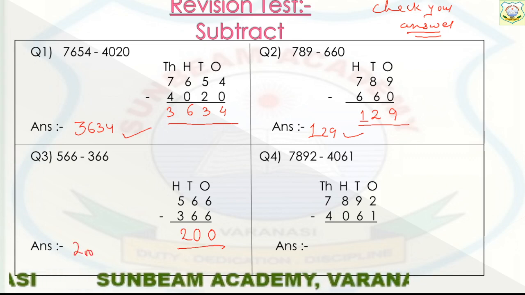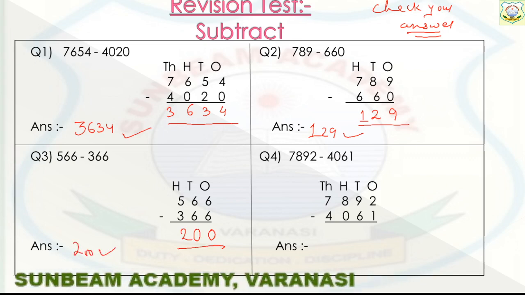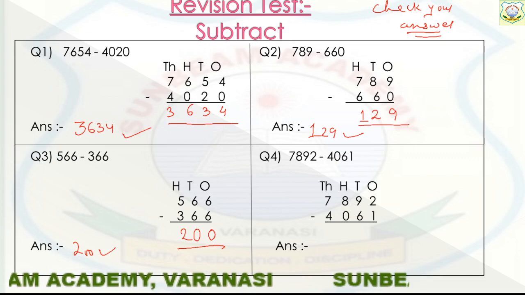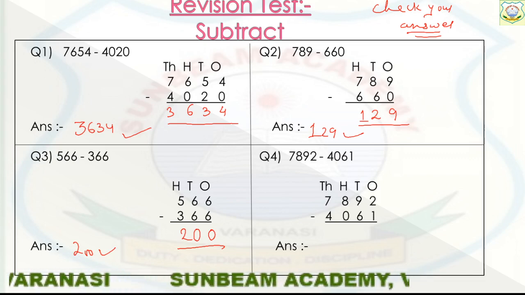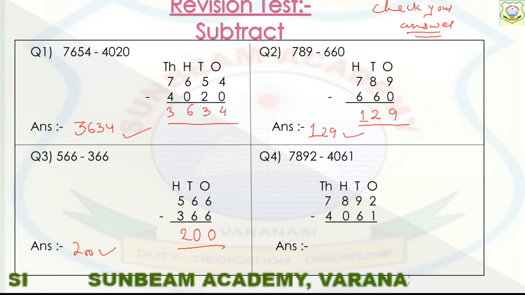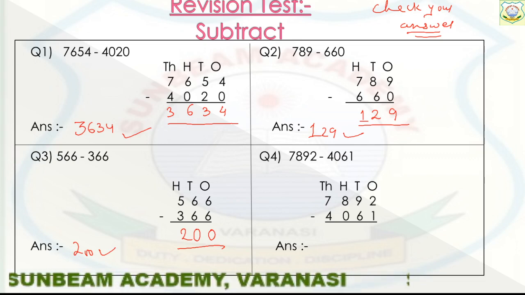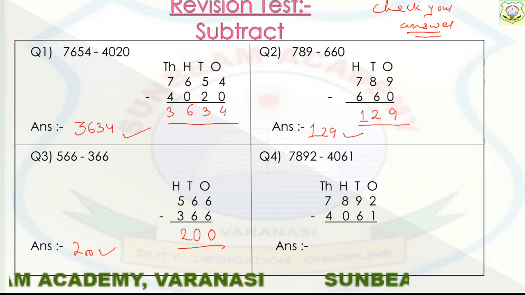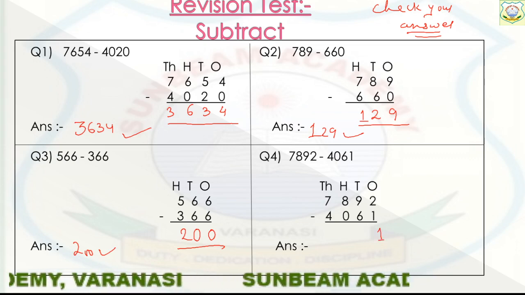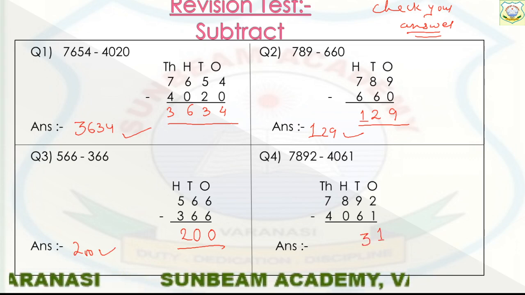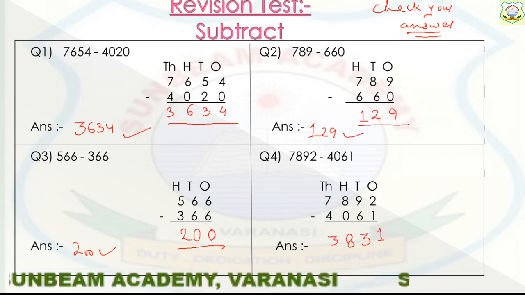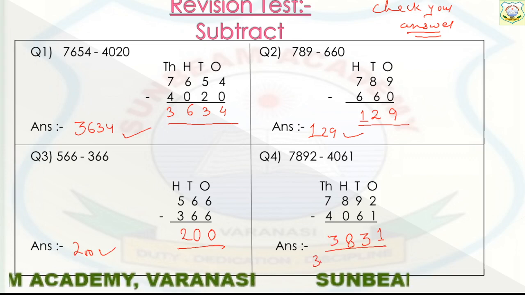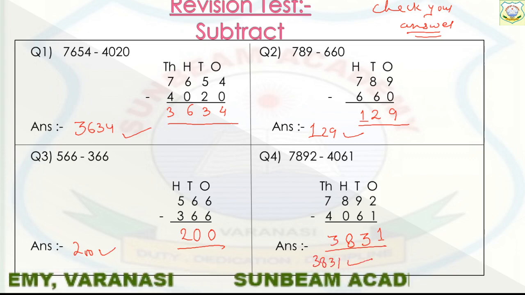So put a tick mark if you have done correct, and if not, then put a cross. Okay, next. 2 minus 1 is 1, 9 minus 6 is 3, 8 minus 0 is 8, 7 minus 4 is 3. If you have done correctly, please put a tick mark.